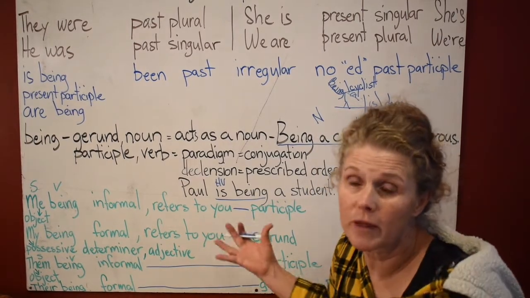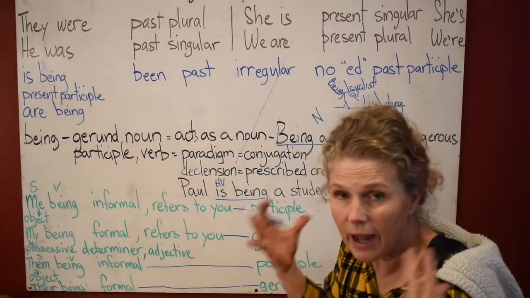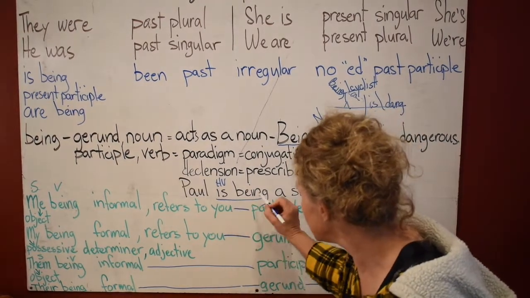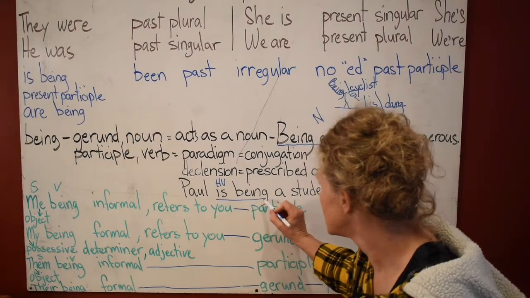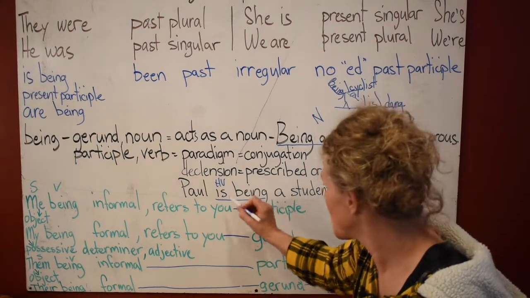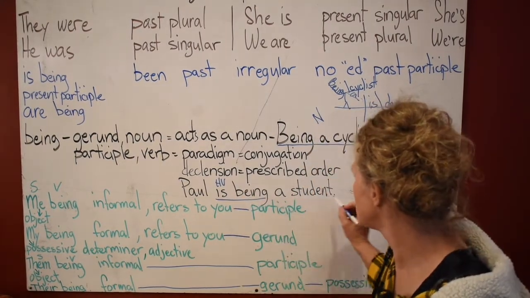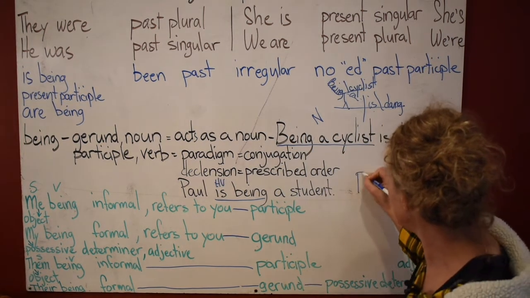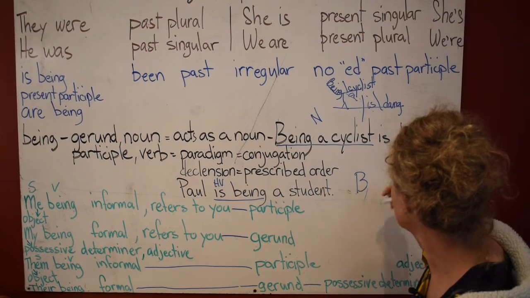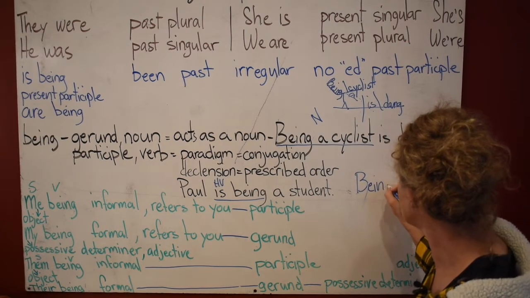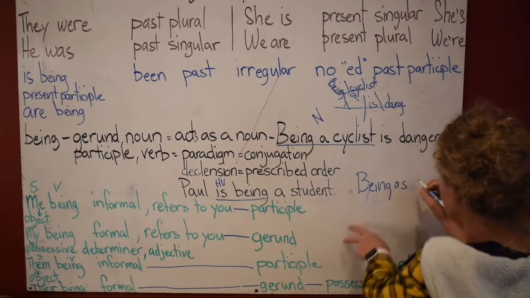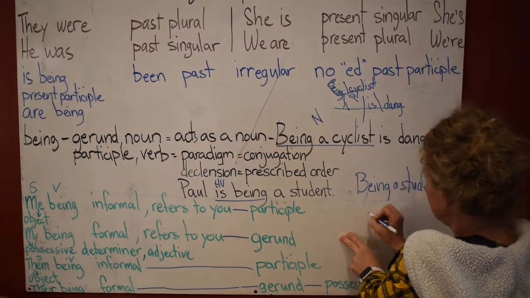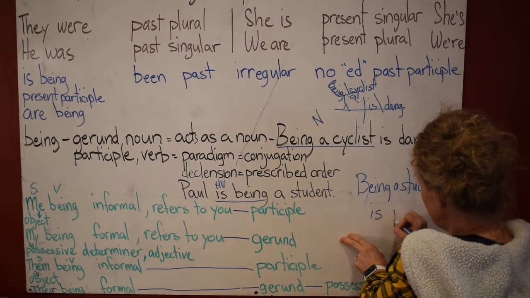Helping verbs have a certain purpose: they help action verbs. This right here is helping this progressive word. Paul is being a student. Does that make sense? So we could go being a student is Paul. Sounds goofy.